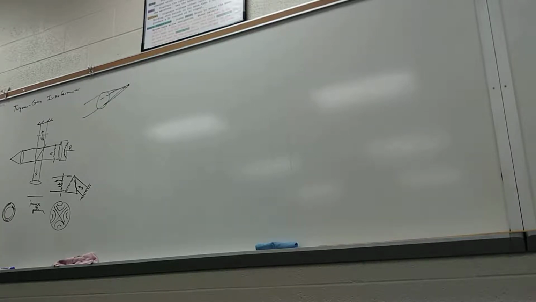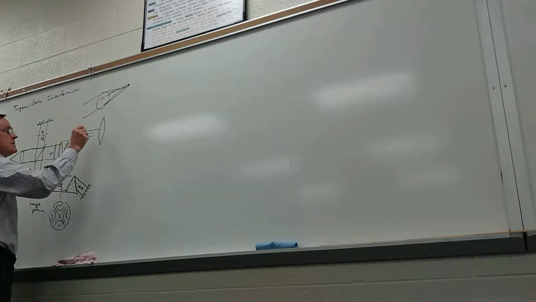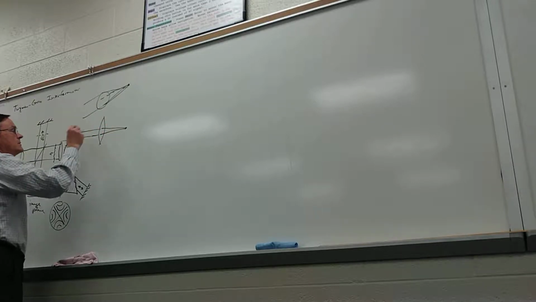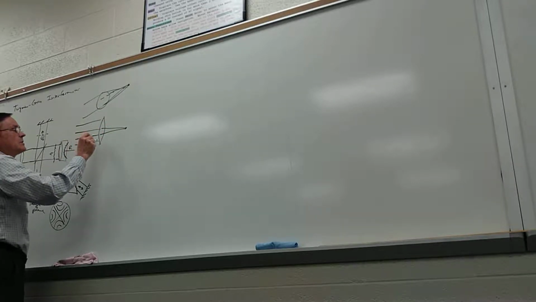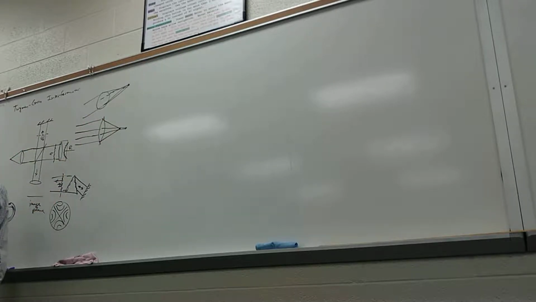And spherical aberration is when you have rays that are close to the axis that focus to one point, and rays that are further away from the axis focus to a different point.